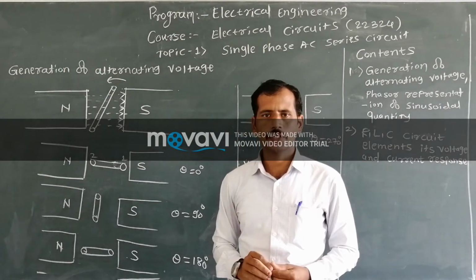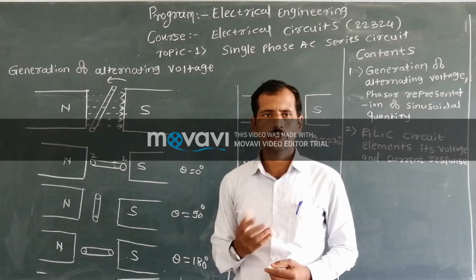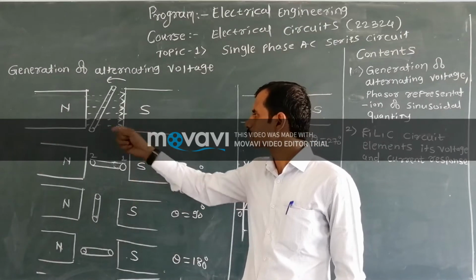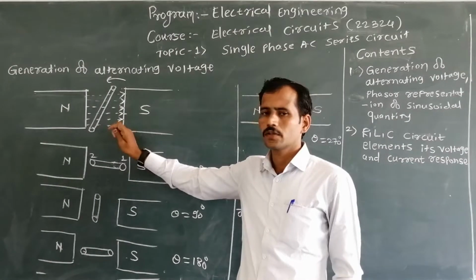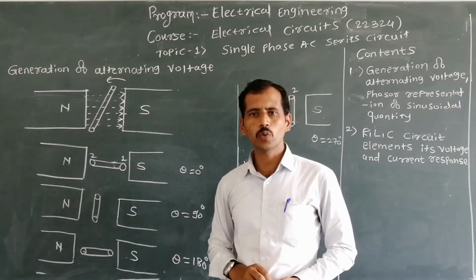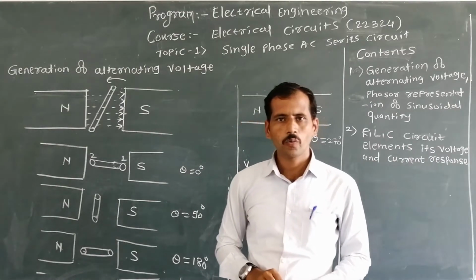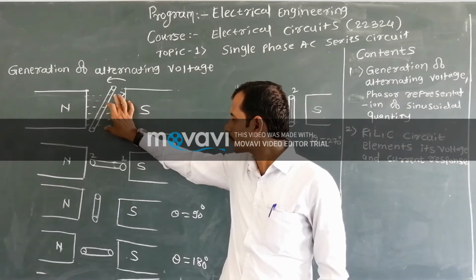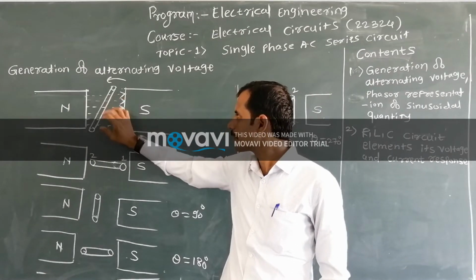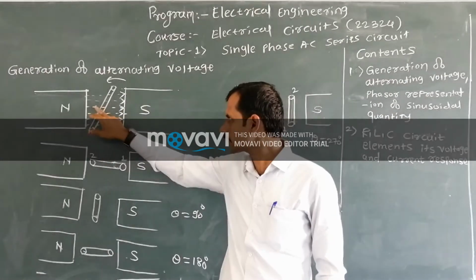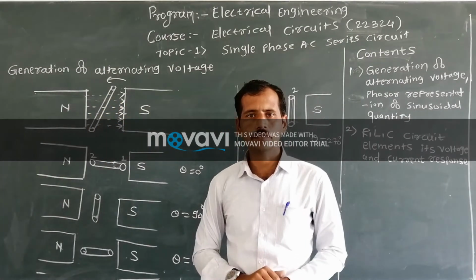How to induce voltage, alternating voltage? Whenever we are rotating the conductor with the help of turbine or prime mover, that conductor cuts the magnetic flux.